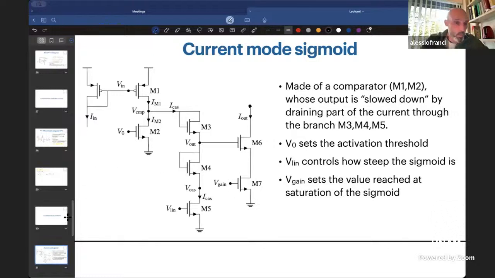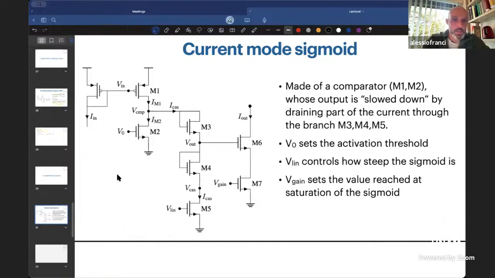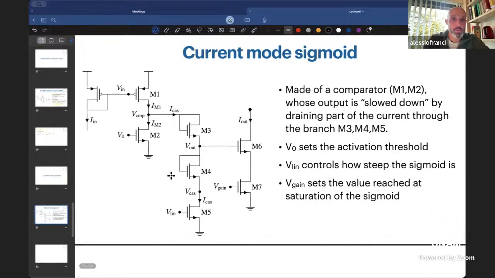So again, I don't want to bore you too much with a detailed analysis of this sigmoid. I just want to give you a little bit of insight into what's going on.